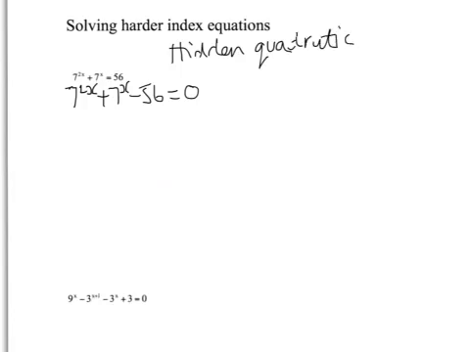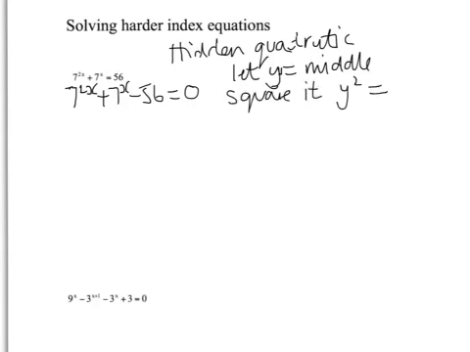How is it possibly a hidden quadratic? Who knows? Right, so this is the technique if you think you've got a hidden quadratic. We're going to let y equal the middle. Doesn't always work, but it often works. Let y equal the middle, and then we're going to square it. So we'll end up with an expression for y squared.